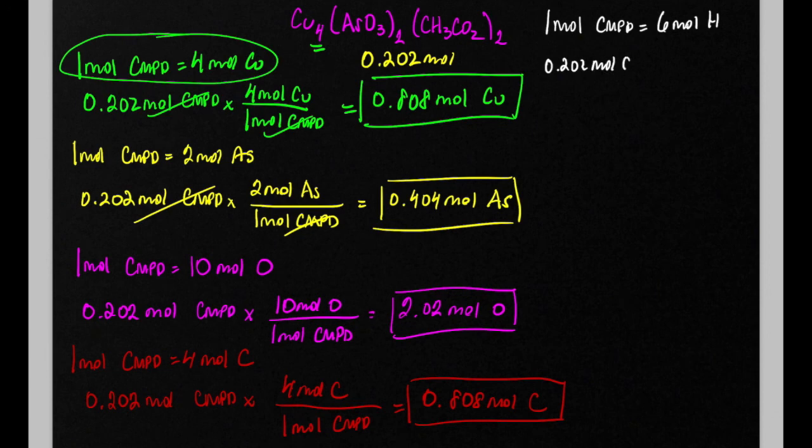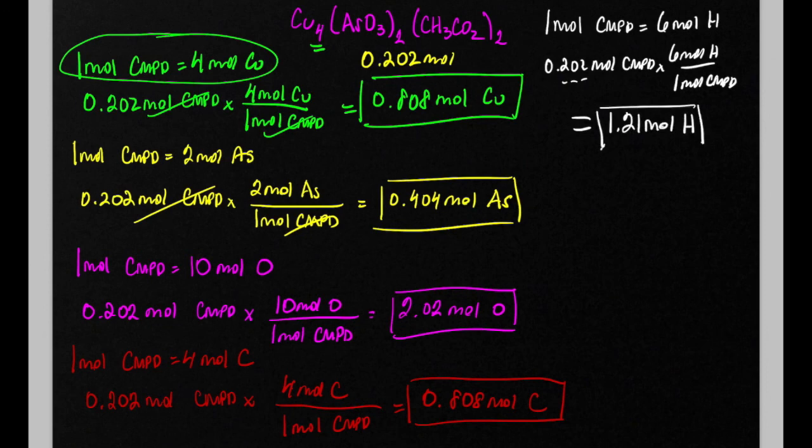So 0.202 moles of the compound times 6 moles of H over 1 mole of the compound is going to be equal to, and I'll do this on my calculator, 1.212, but you want to round this to 3 significant figures, 1.21 moles of hydrogen.